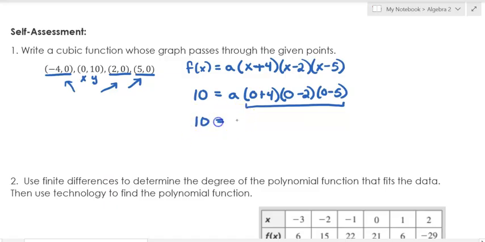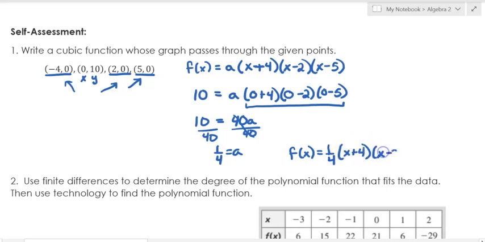So it's 10 equals a times 40 is 40a, and then divide by 40 on both sides. So I end up with a is 1/4. So now I can write my function. It's f of x equals 1/4 is a, and then it was x plus 4, x minus 2, x minus 5.